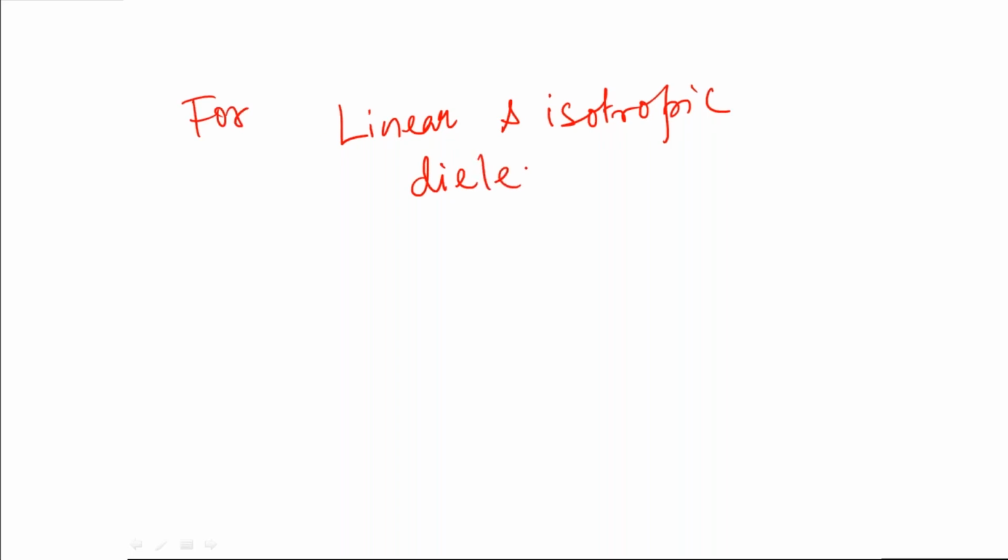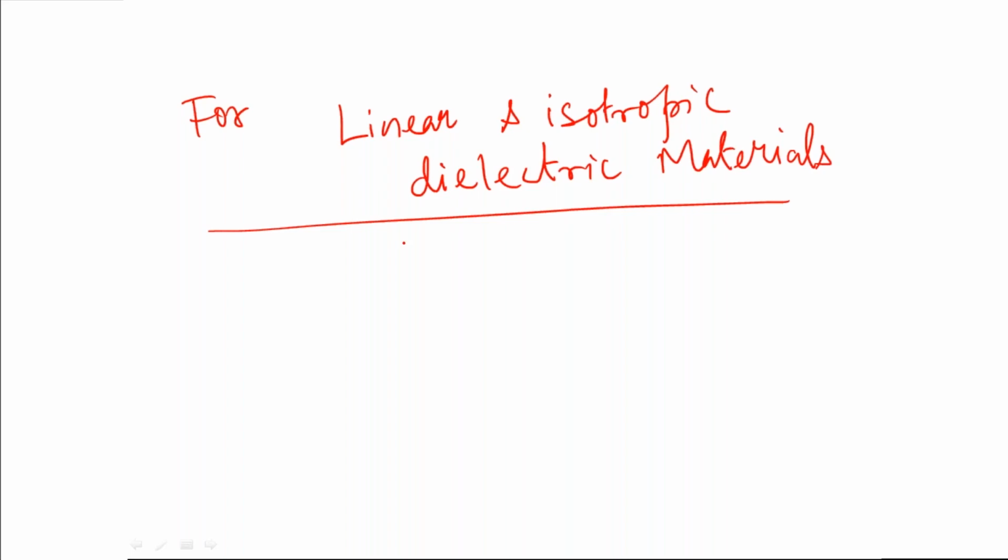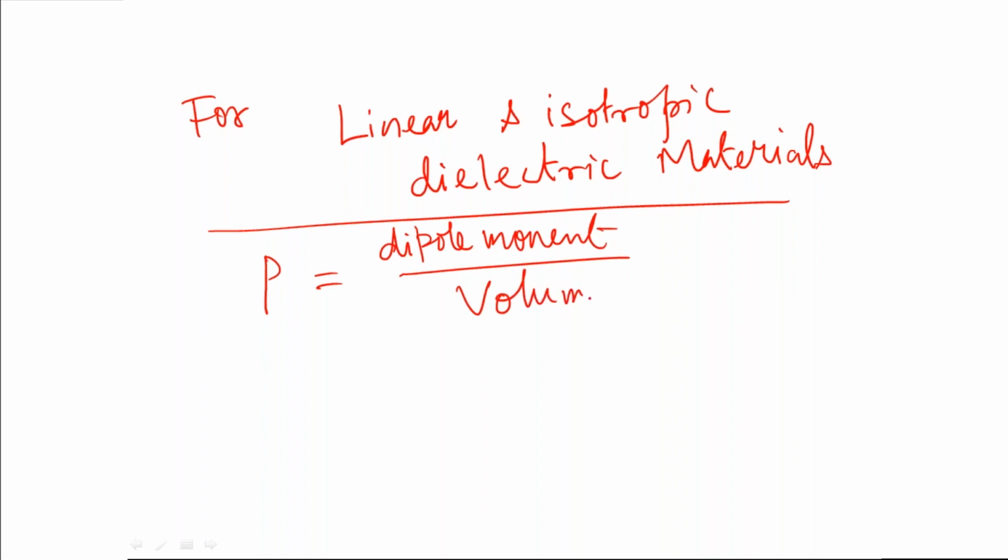So this polarization, for a linear isotropic dielectric material, you will get total polarization, which is defined as the dipole moment divided by the whole volume of the dielectric material.